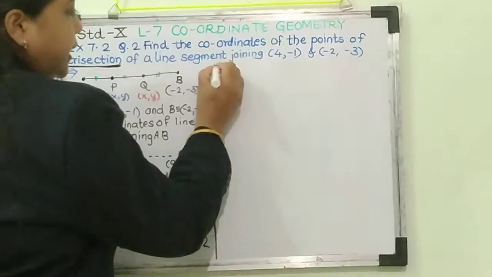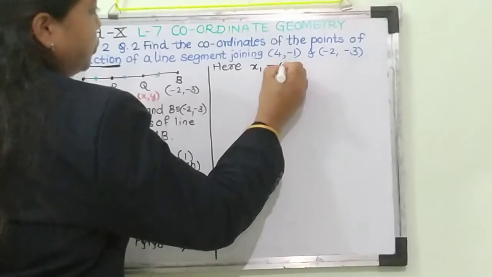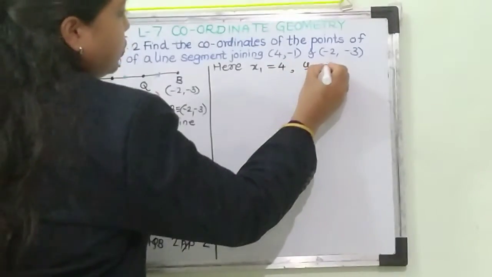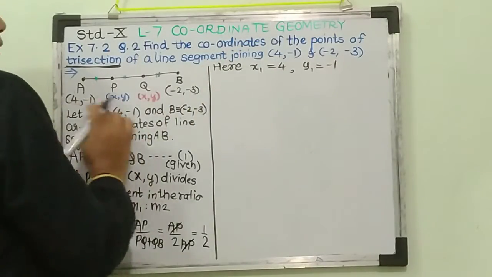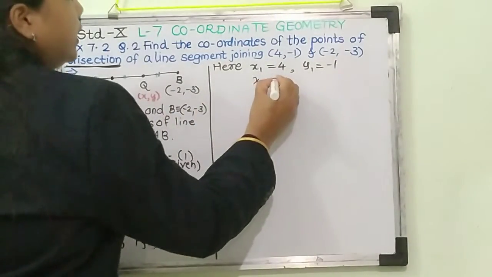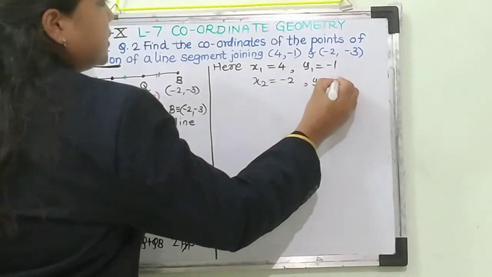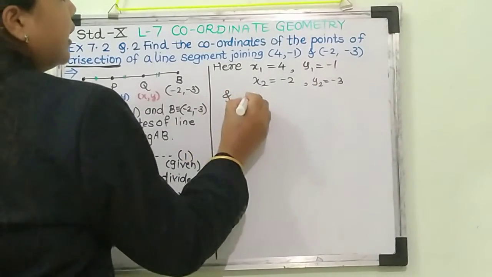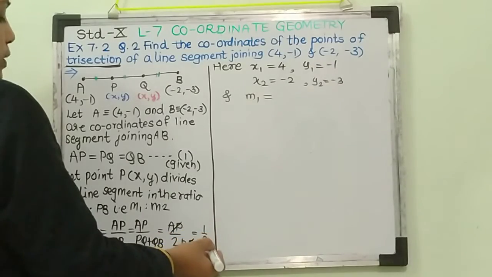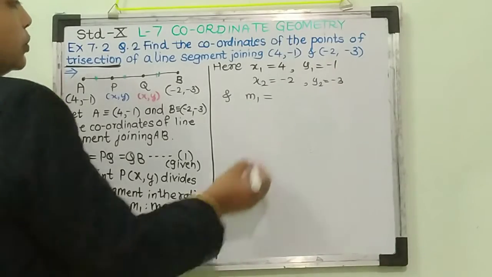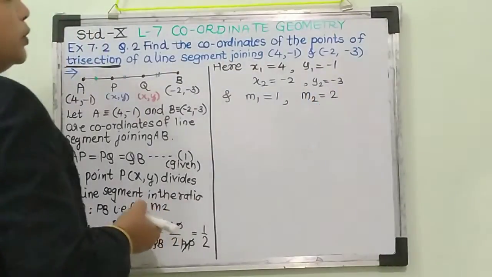So x1 equals 4, y1 equals -1, the coordinates of point A. Then x2 equals -2, y2 equals -3, and m1 as to m2 is 1 as to 2, so m1 is 1 and m2 is 2.